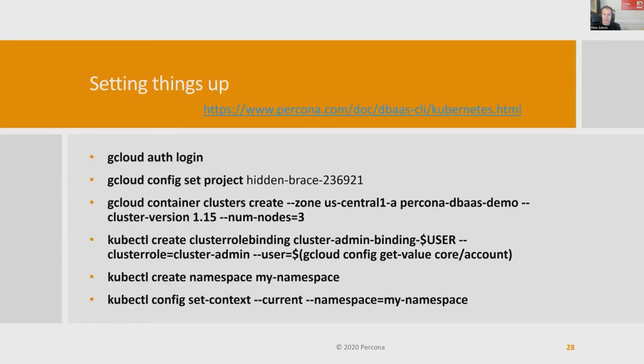To set things up, you obviously need to authenticate, to connect your laptop or developer workstation, where we operate Google Cloud, with Google auth login and your browser. Then in Google Cloud you have the concept of projects.